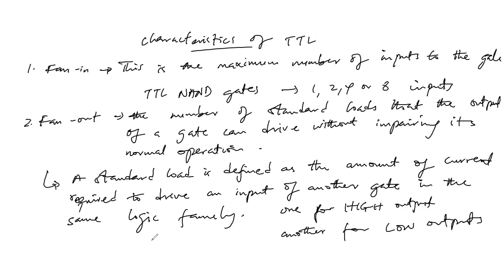Now, a typical TTL gate can source 400 microampere, output high max current, and can sink 16 milliampere.